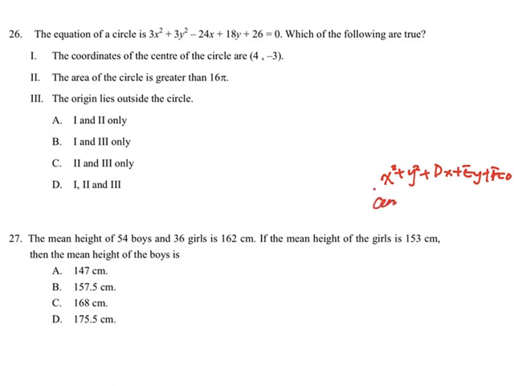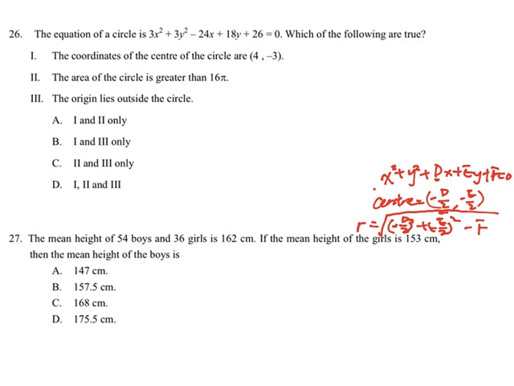And then the center is negative d over 2, negative e over 2. And the radius is the square root of negative d over 2 squared plus negative e over 2 squared minus f.